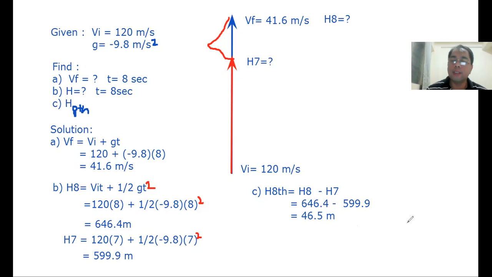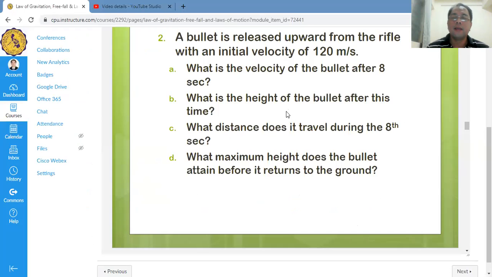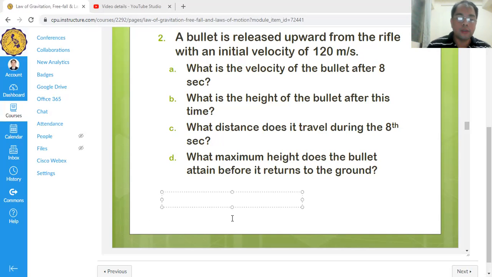There is a lab experiment that I want you to do on free falling body, which asks you to determine the experimental value of the gravitational pull. Our accepted or true value is 9.8. But we will do an activity in the lab and try to determine how much that gravitational pull is. The equation that you are going to apply in your lab activity is for our gravitational value in the lab.